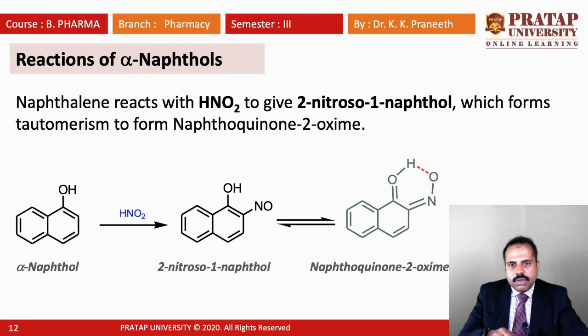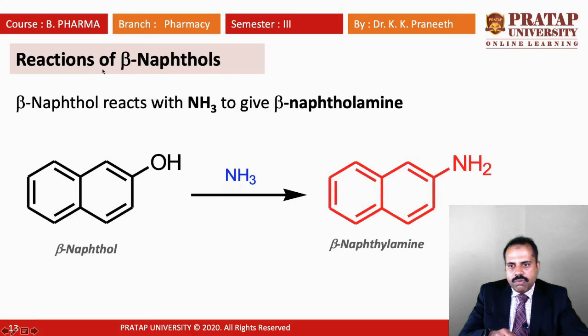The other reaction we would like to see is the reactions of beta naphthol. As already mentioned, the OH group is present in the second position; this is 1, this is the second position, alpha and beta, and the hydroxy group is here, this is beta naphthol. If you add ammonia, ammonia replaces the hydroxyl group, water is removed, and then NH2 attaches.